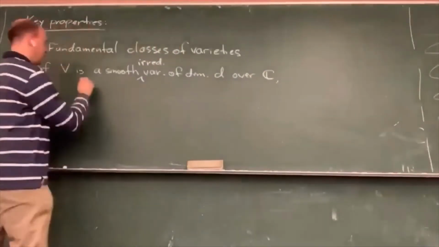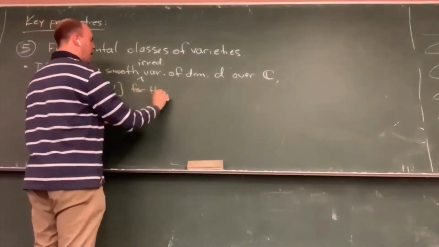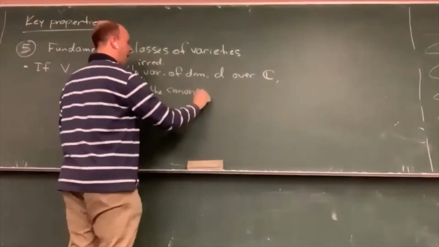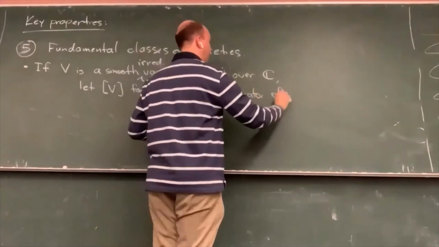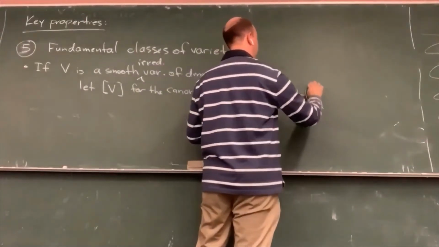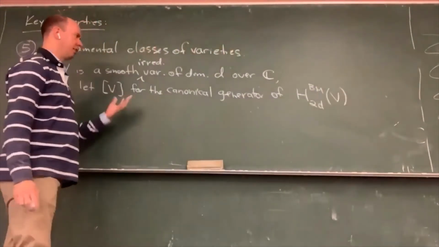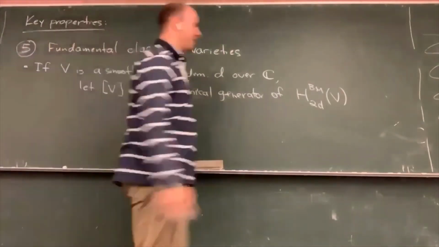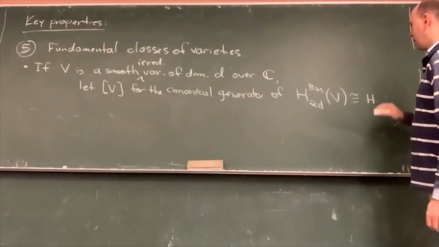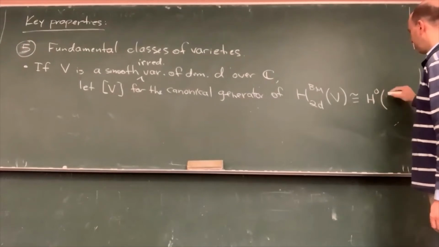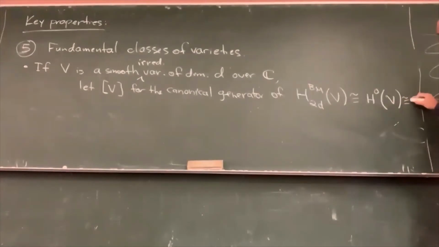then we write square brackets V for the canonical generator of the 2D Borel-Moore homology of V. So in this case, where V is smooth, we can think of V as itself the manifold, and this is therefore isomorphic to the 0th cohomology group of V. And it's well known that for a connected space, this is isomorphic to C in the canonical way.